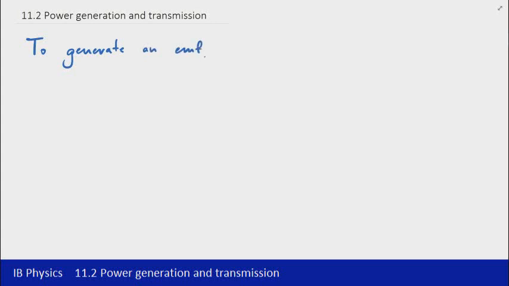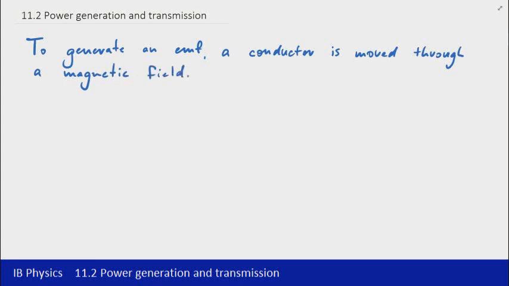And if you recall, in order to generate an EMF, a conductor is moved through a magnetic field. So that's the basics of any form of electromagnetic induction, a conductor moving through a magnetic field. If we then look at an electrical generator, let's be a little bit more specific.